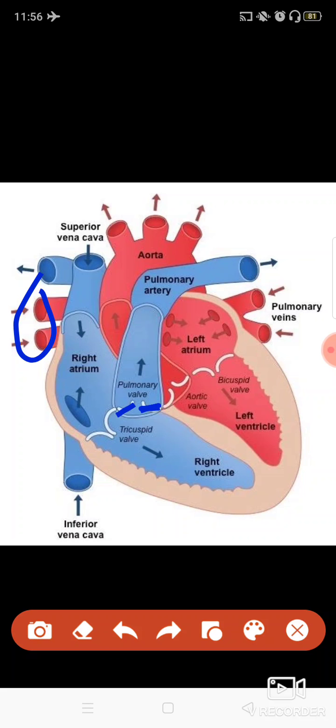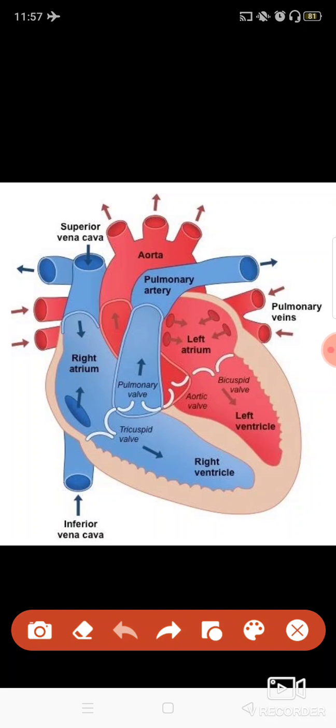This pulmonary artery opens into the right ventricle and pulmonary vein opens into the left atrium. Now you see this aorta is the huge artery. You will see this opens into the left ventricle. When the blood is here, blood will come from here to here in the aorta.